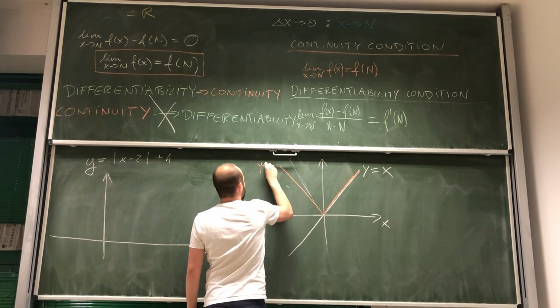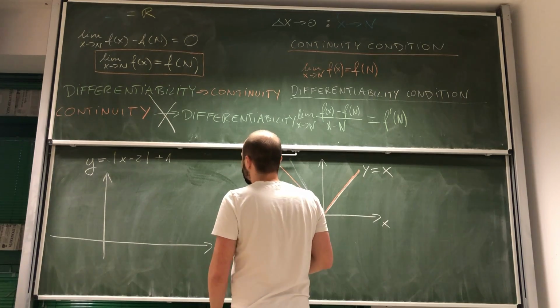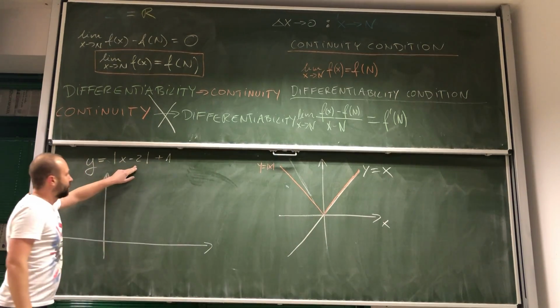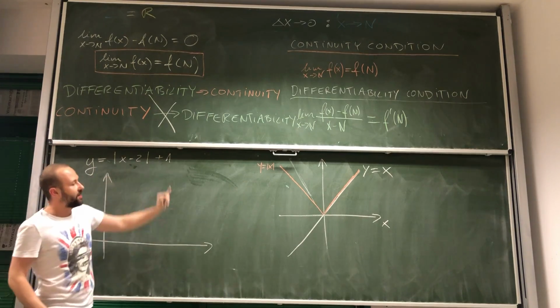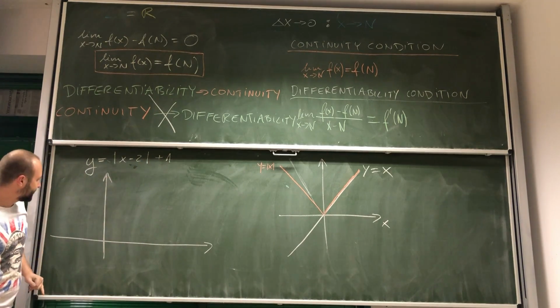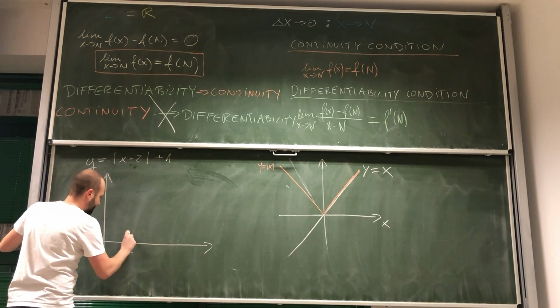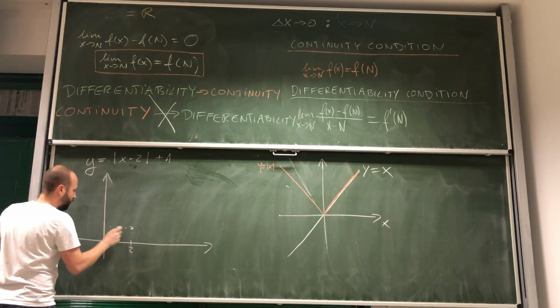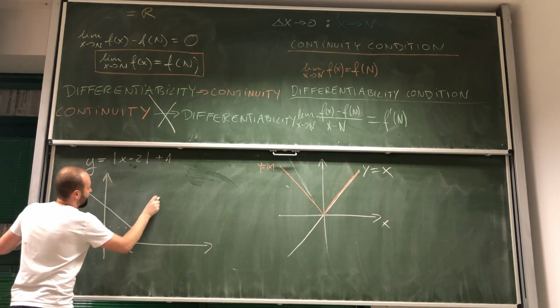So this is y equals absolute value of x. Then we need to move this function by 2 to the left, right? And by 1 up. So as a result, we are obtaining a function that looks like this. And here we have 2, here we have 1.